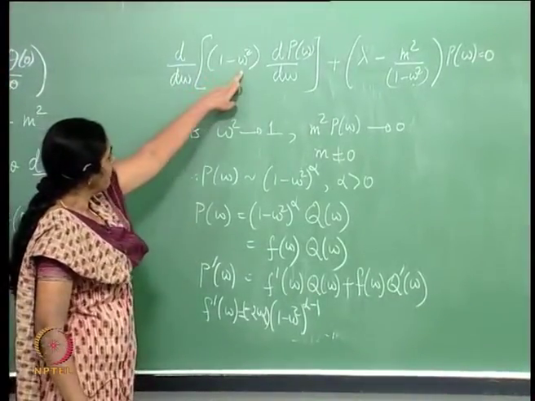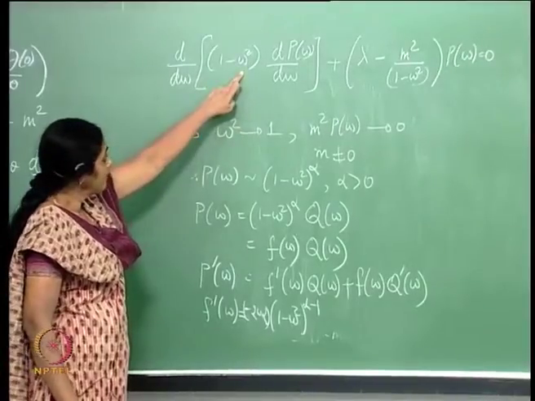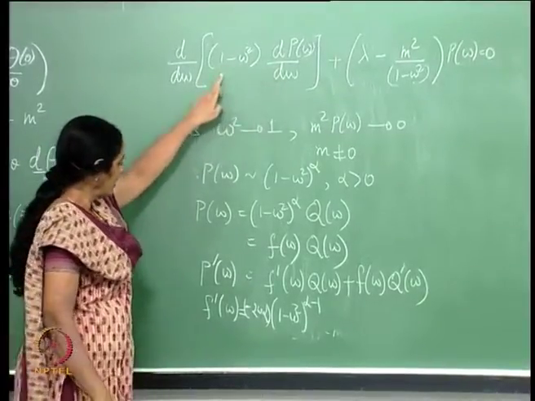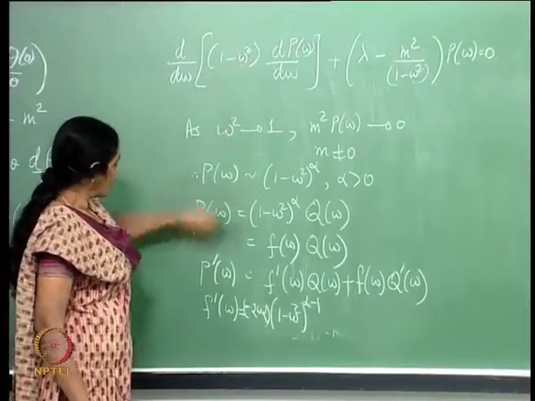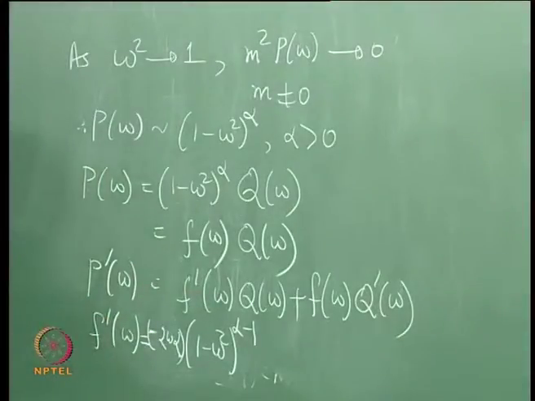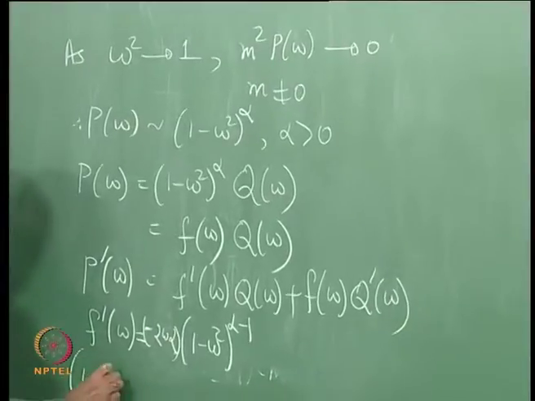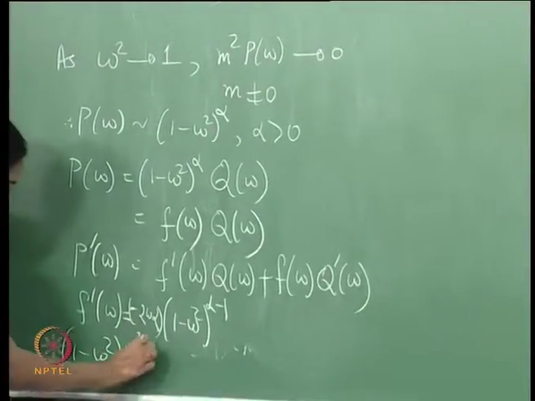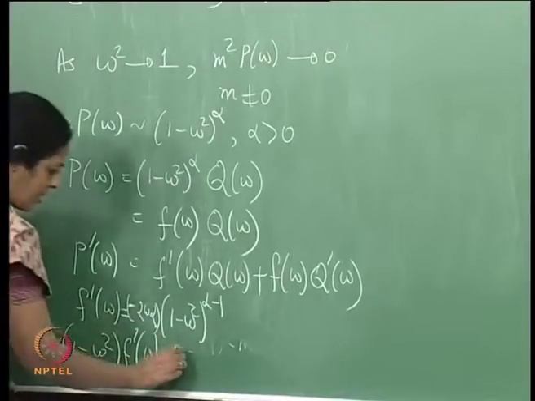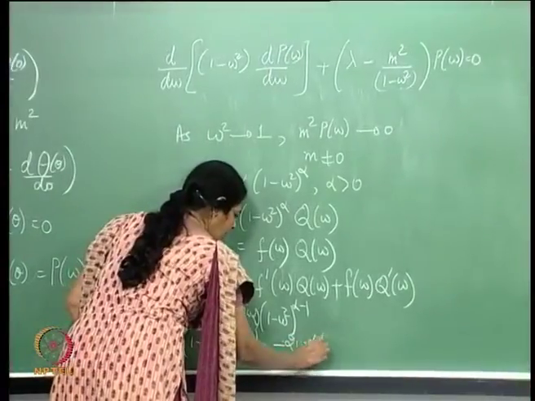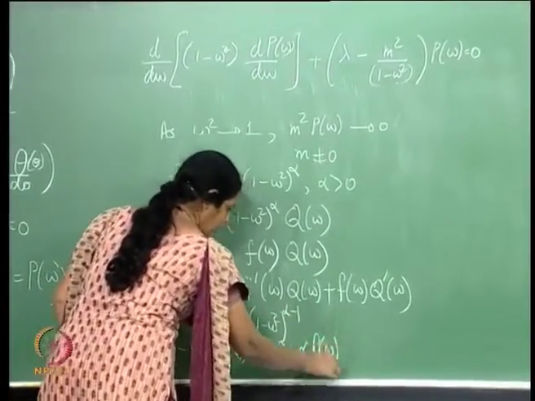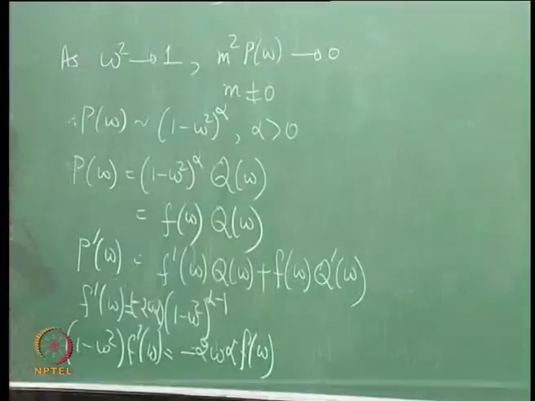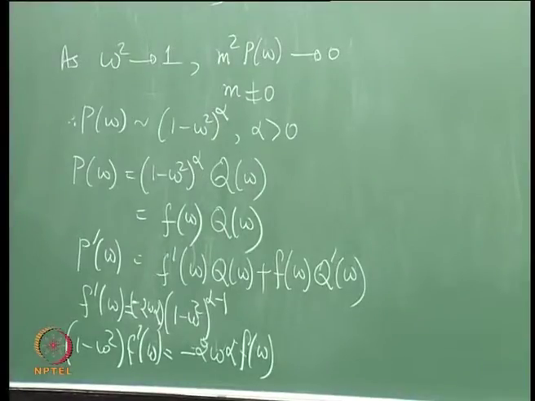So, when I multiply with 1 minus w squared, as is expected here, I get a term (1 - w^2) times f prime of w. So, let us see what that gives us. (1 - w^2) f prime of w is minus 2 w alpha (1 - w^2)^alpha, which is f of w. So, that is what I have.